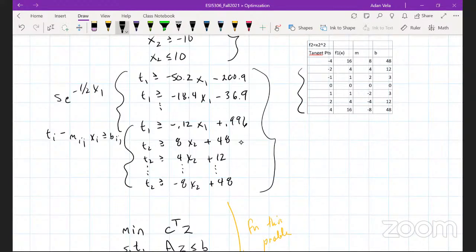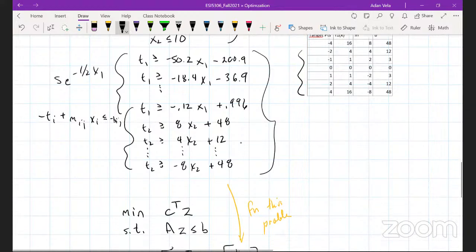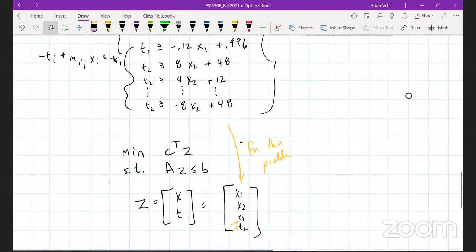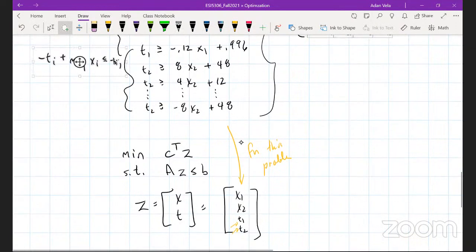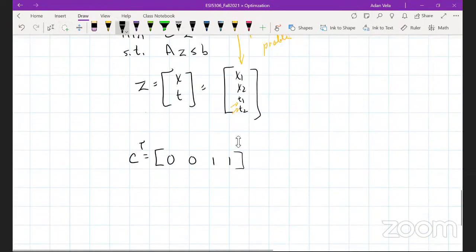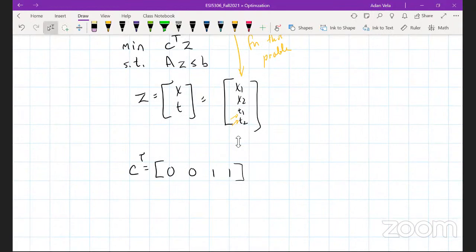Bij. Now we want to actually flip this inequality. Usually it's a better idea to have your constants be the less than. So we're going to multiply everything times minus 1. Okay. So with that in mind, we can actually figure out what our A and our B matrix look like when we linearize our functions.